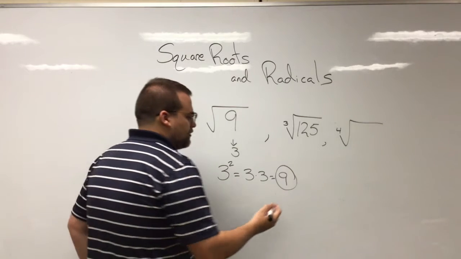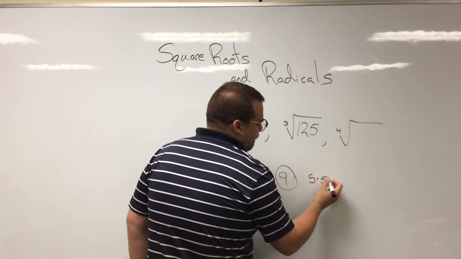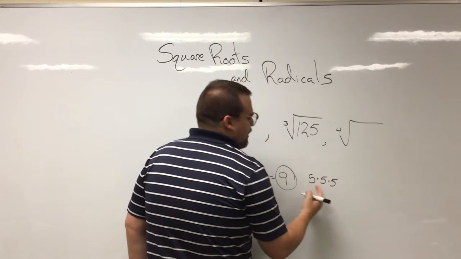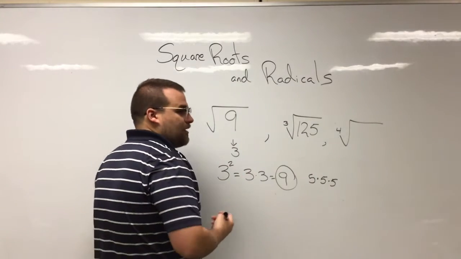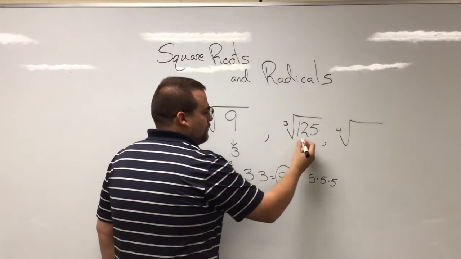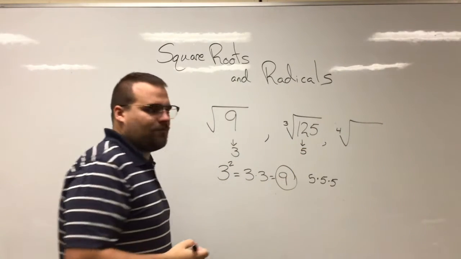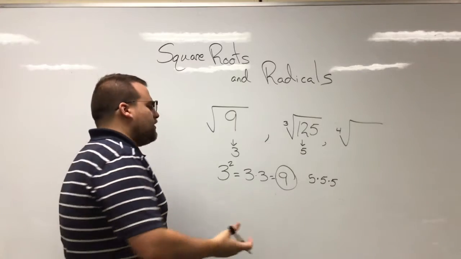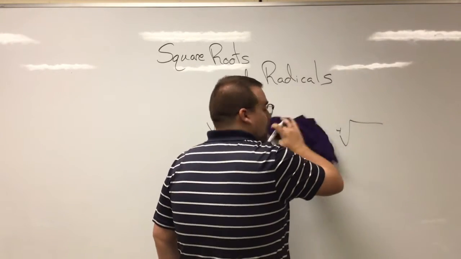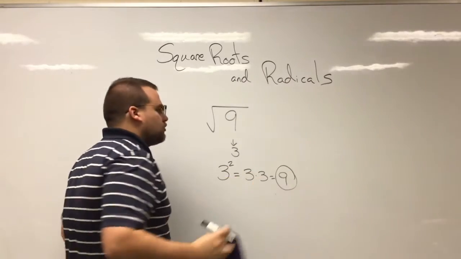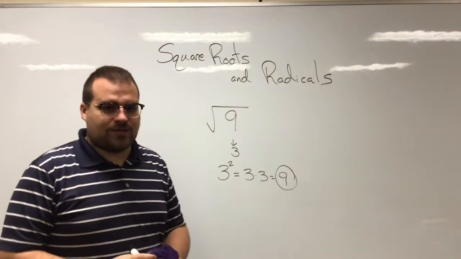Well, you may be thinking, I know 125, that's made up of 5 times 5 times 5. So 5 times itself 3 times is 125. You'd be right. So the cube root of 125 is 5. Now, we don't really deal with cube roots and fourth roots, or honestly anything bigger than square roots all that often. So that's really where I'm going to put the focus of this video.